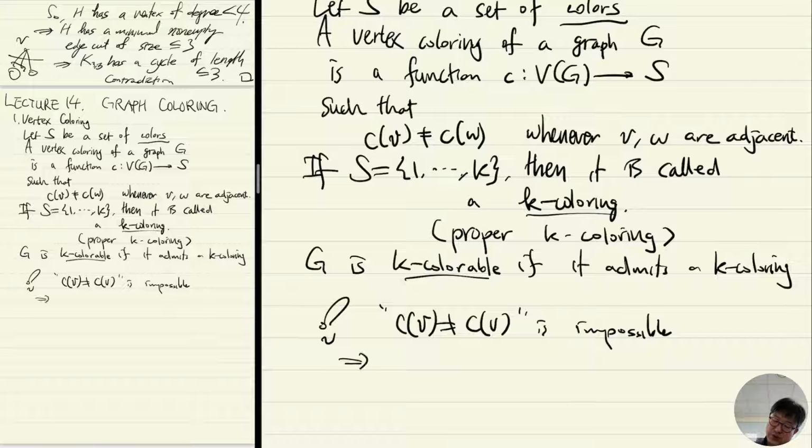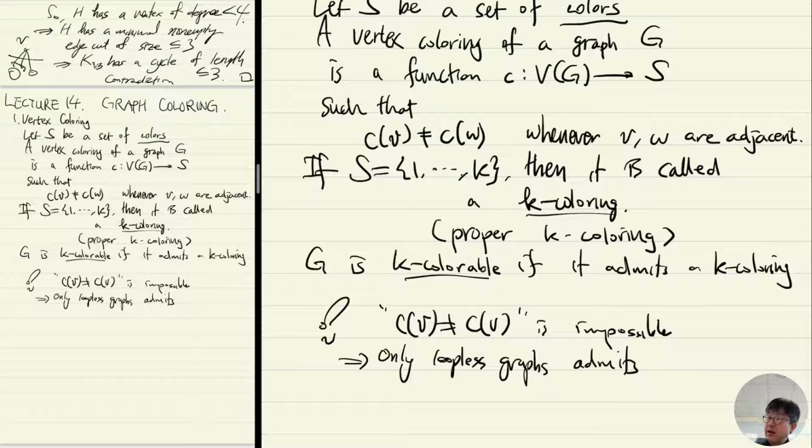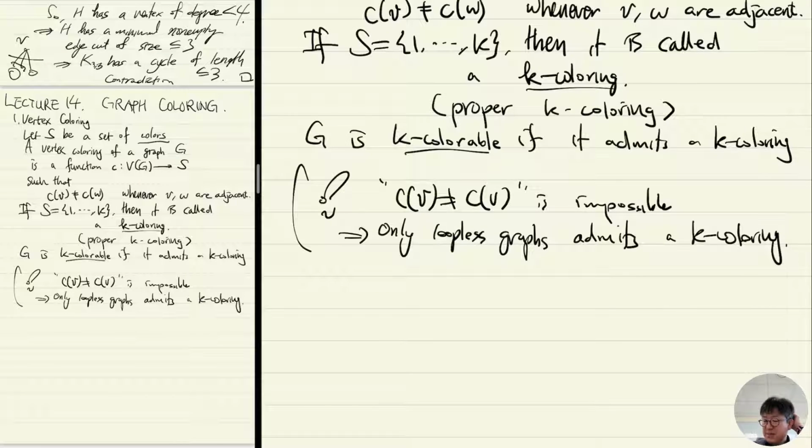So in our definitions, only loopless graphs admit a K coloring. But typically, in many cases, people don't care. People just ignore loops and talk about coloring.